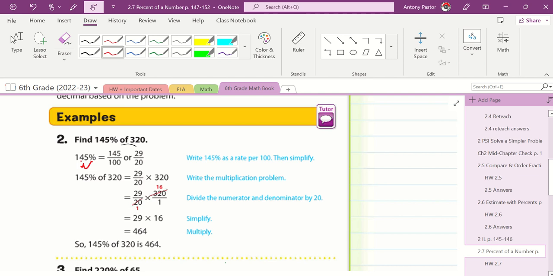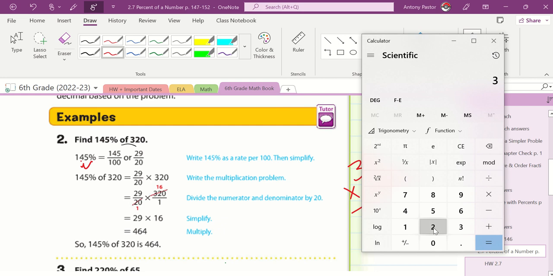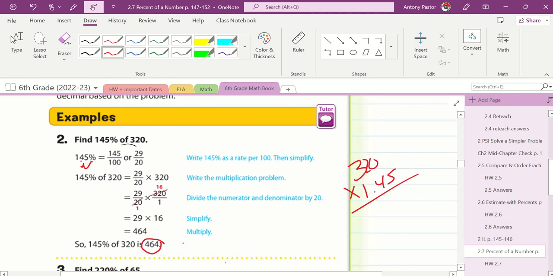So you'd be multiplying 320 by 1.45 instead. 320 times 1.45 should give you 464, which is exactly what we have down here.